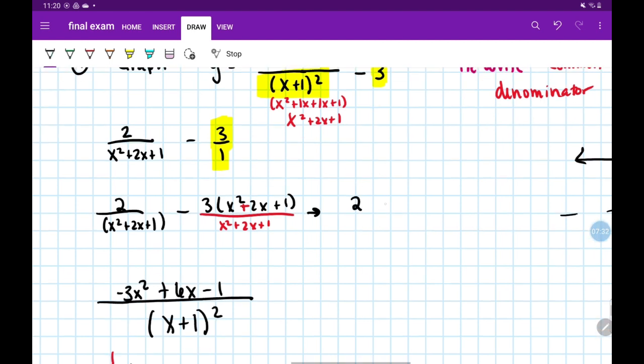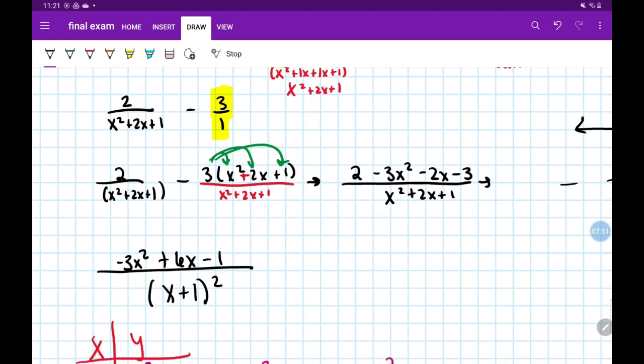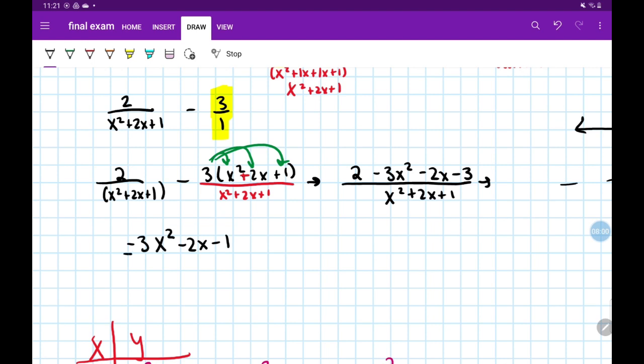So this would be 2 minus 3x squared minus 2x minus 3, because you have to distribute this negative 3 in, over x squared plus 2x plus 1, and that will move to negative 3x squared minus 2x minus 1 all over x plus 1 squared.